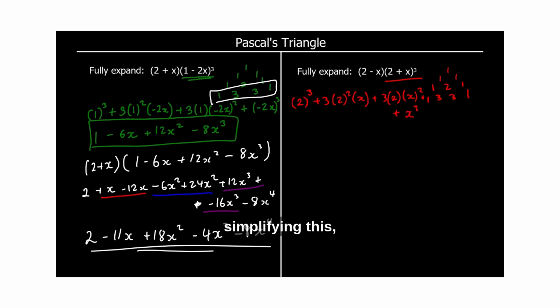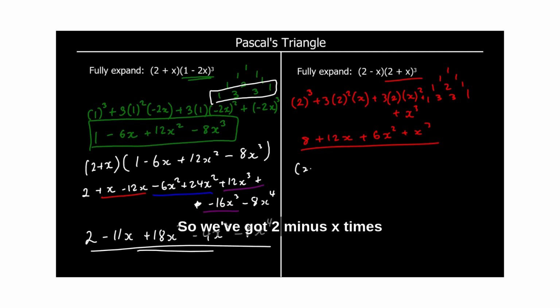So simplifying this, we've got 8 plus 12x plus 6x squared plus x cubed. And then expanding again, so we've got 2 minus x times our expansion.